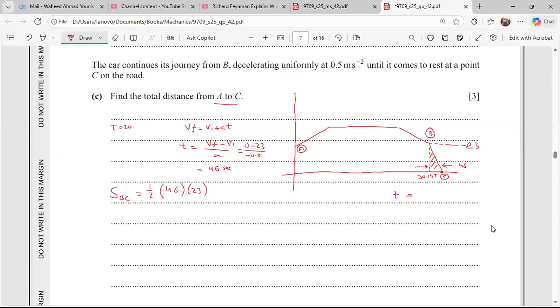So it will be 23 squared, and 23 squared is 529.